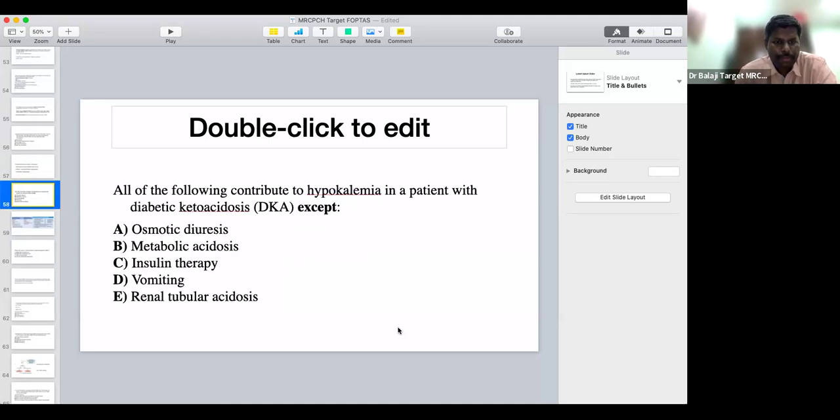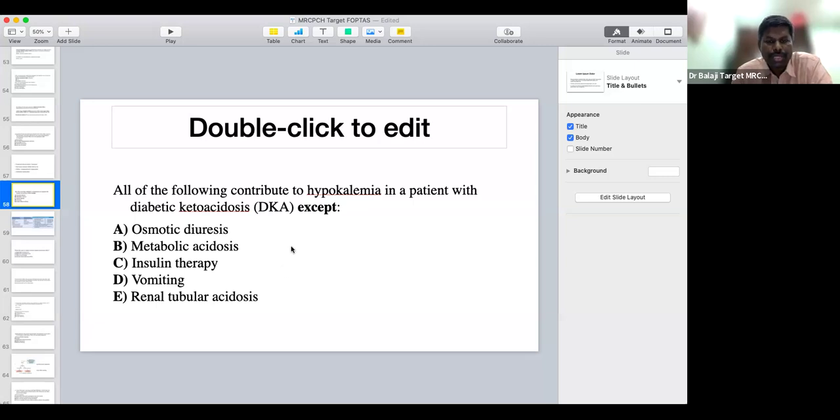Okay. Then, all of the following contribute to hypokalemia in a patient with diabetic ketoacidosis except. So for hypokalemia, just remember that anything that is used in the treatment of hyperkalemia is going to cause hypokalemia. That will be a very important clue.